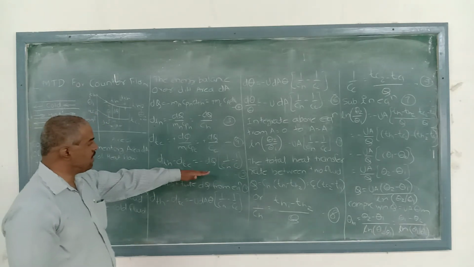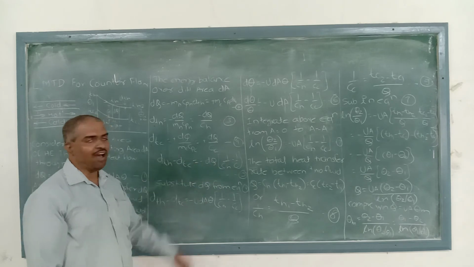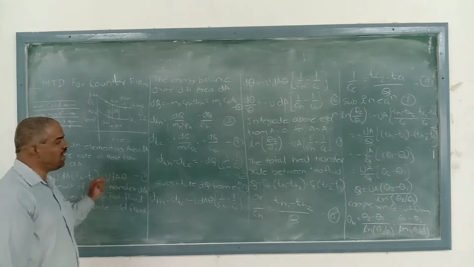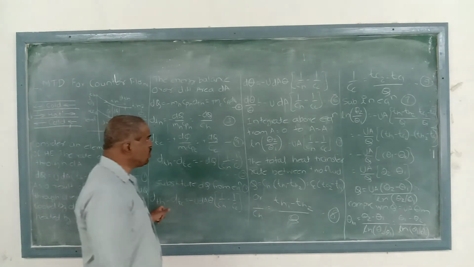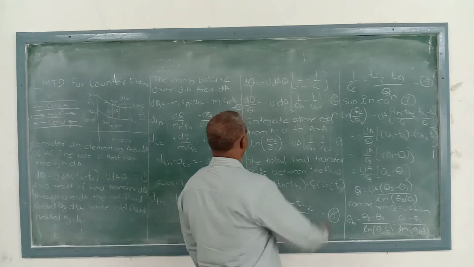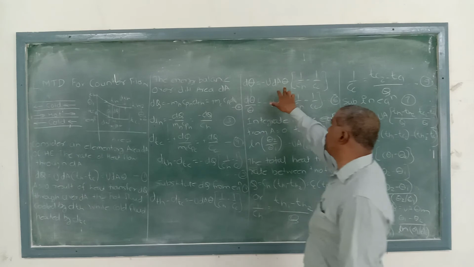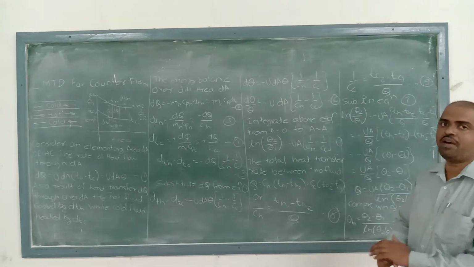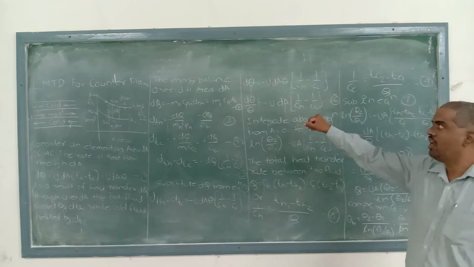Now we substitute the value of dQ from equation number 1, which is U dA into theta. After substitution, we get d theta is equal to minus U dA into theta into [1 upon Ch minus 1 upon Cc].